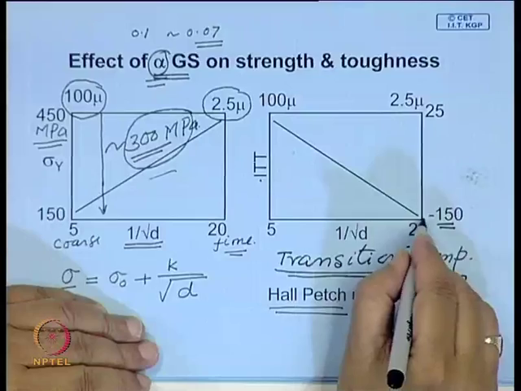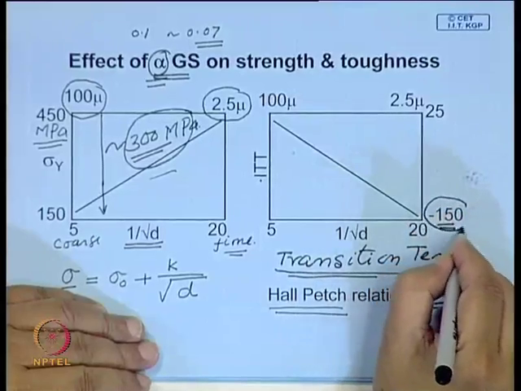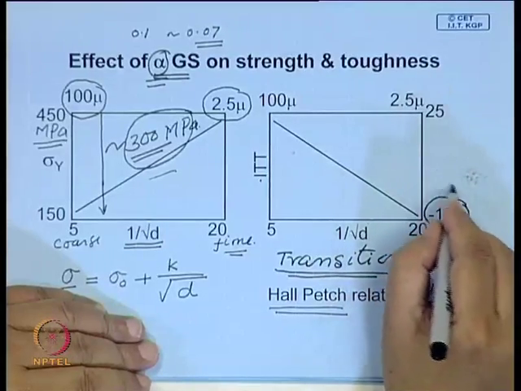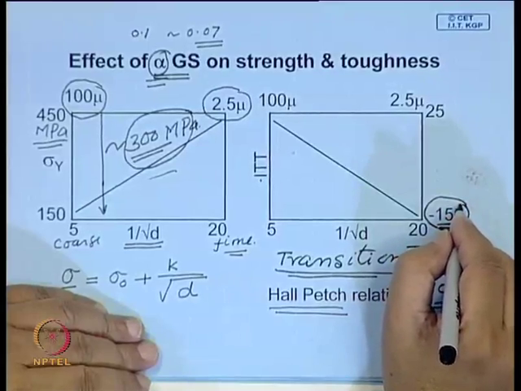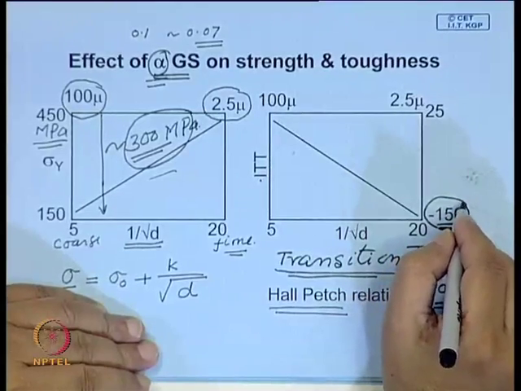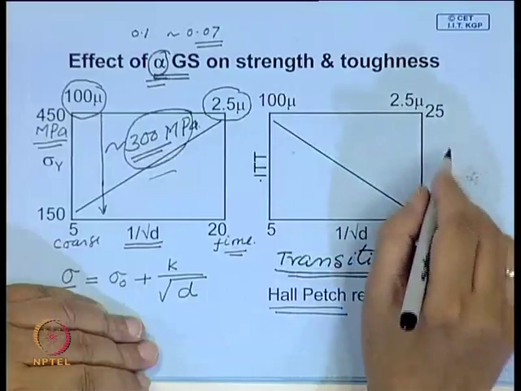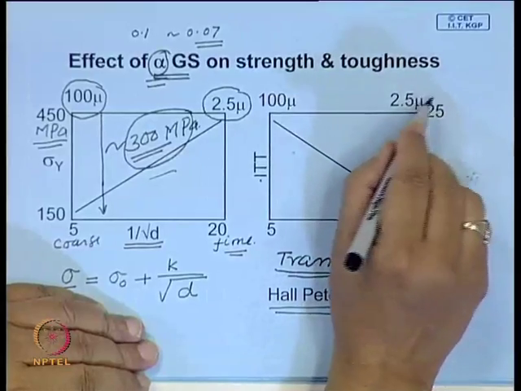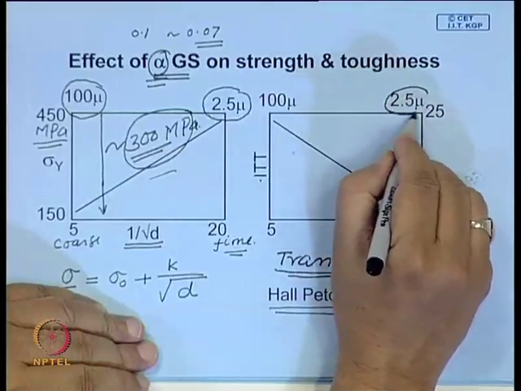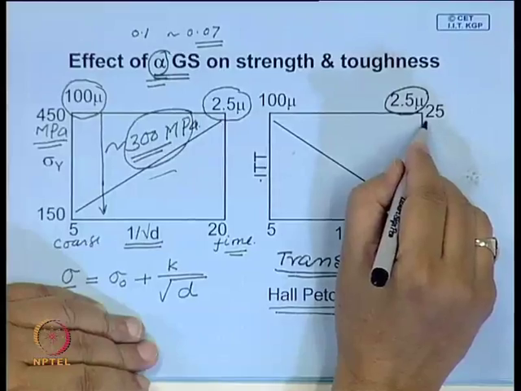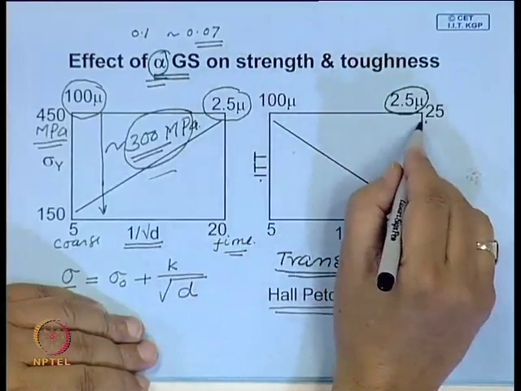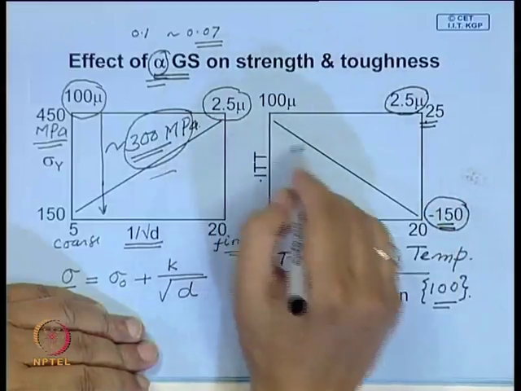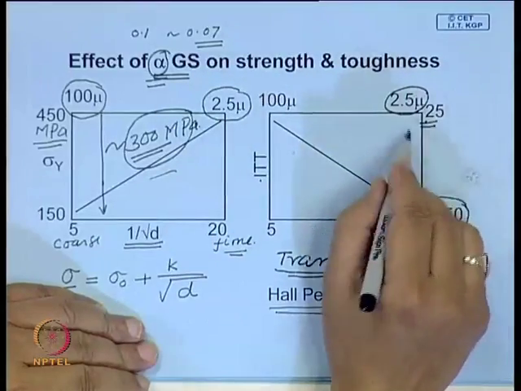It has also been reported that you can have a transition temperature as low as minus 150 degree centigrade if you can reduce the grain size to micron level. Whereas normally if you have a coarse grain structure, the transition temperature may be close to room temperature.